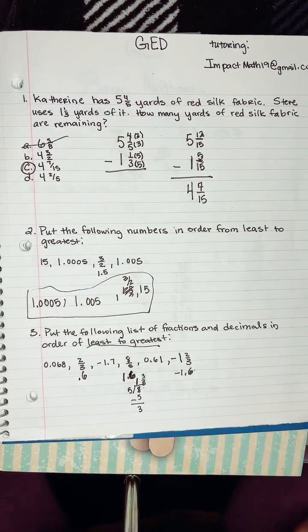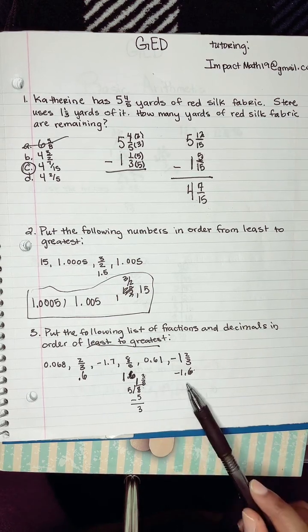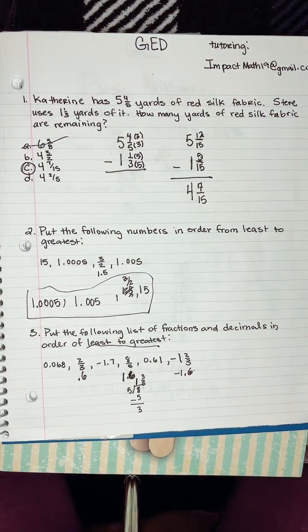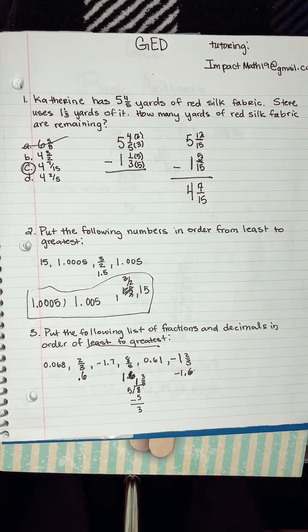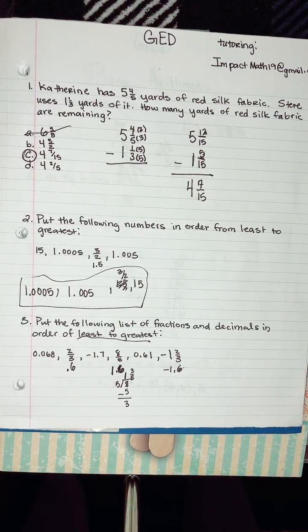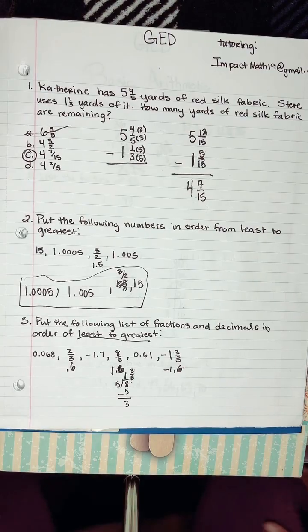All right. Okay, now, let's start, right? What's our smallest? This or this? Put it in the chat. What's smaller? This or this? Carol said negative 1.7. Beautiful. Negative 1.7. Good, you guys.